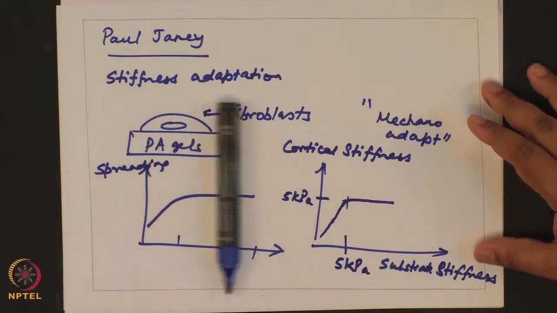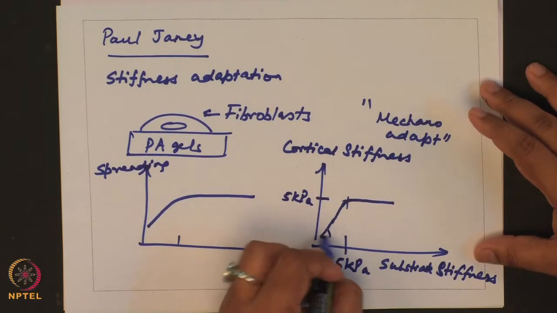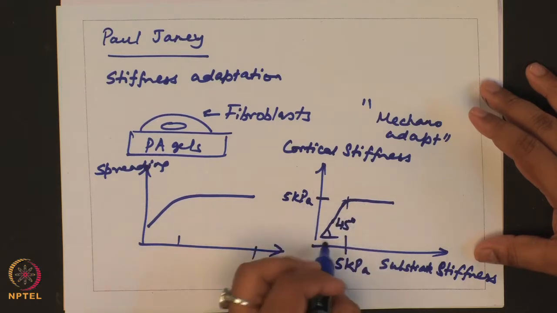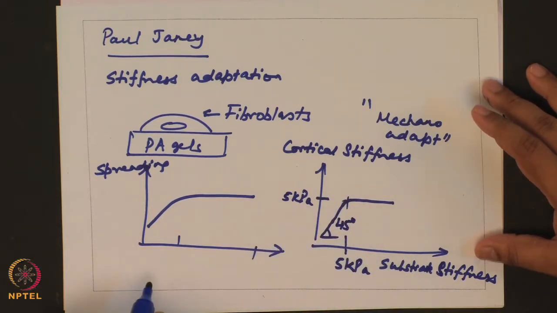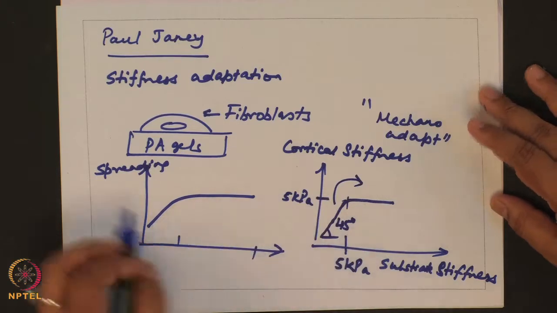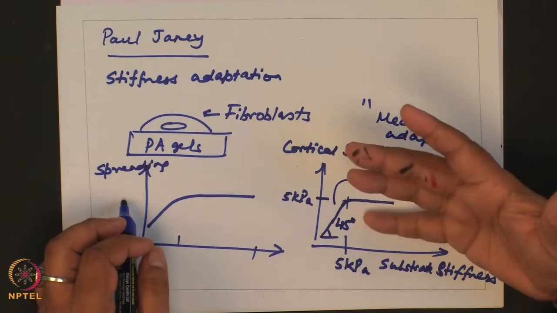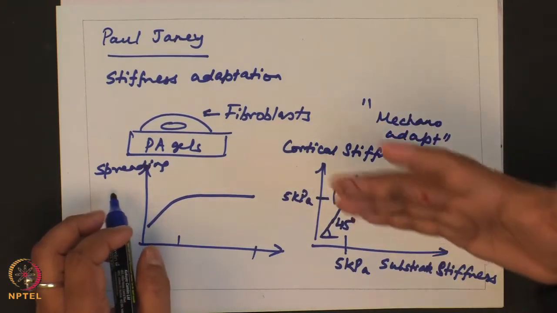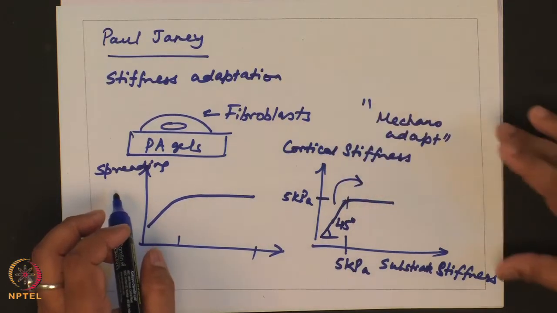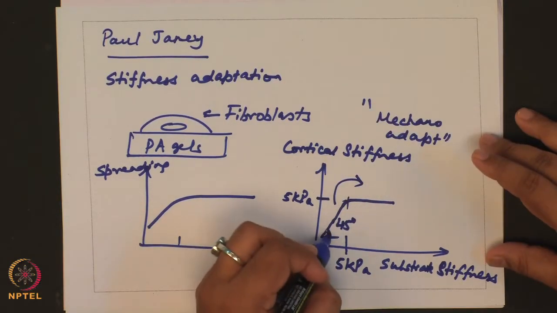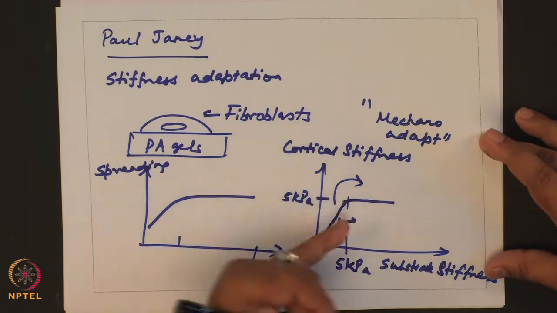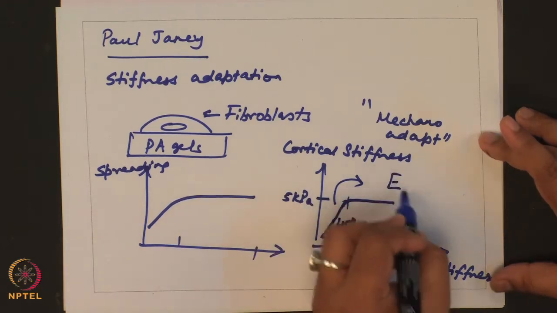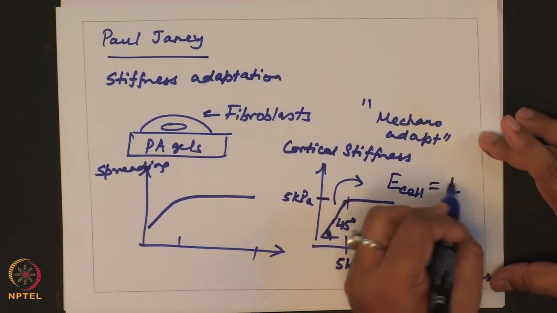He found a curve where the slope of this line was 45 degrees till 5 kPa, which means that for substrates which are softer than 5 kPa, the cell actually matches its own properties to that of its substrate. So, this angle was 45 degrees, which meant that cell stiffness, E cell, is equal to E gel.